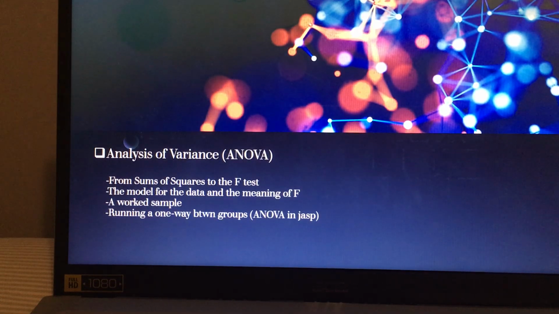In column 4, we have the deviation from the group mean, so we have YIK minus the mean of Y subscript K. So we get 0.05, negative 0.15, negative 0.35, negative 0.12, negative 0.32, and then we square those.